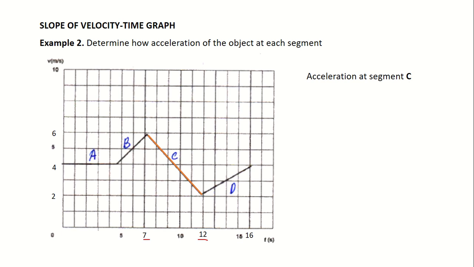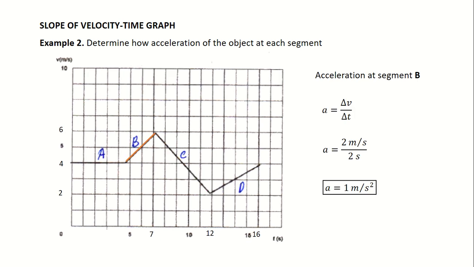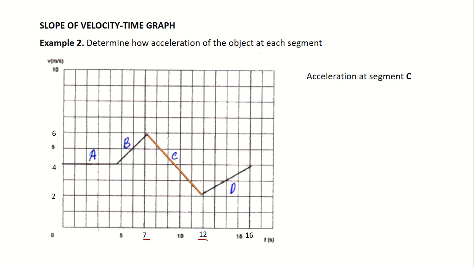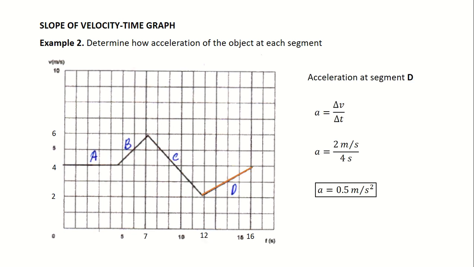Let's check. Point B is 1 meter per second squared acceleration. Point C is 0.8. And point D is 0.5. Oh, I guess we were wrong. Second greatest acceleration is at point C. Okay, so that's how you get the acceleration from the slope of the velocity time graph.